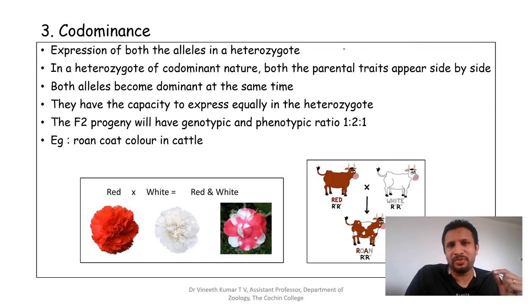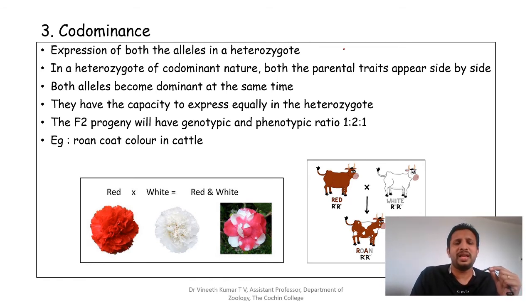In a heterozygote of codominant nature, both the parental traits appear side by side. You can see both the phenotypes at the same time in the heterozygote individual. So both the alleles become codominant at the same time, and each allele has the capacity to be equally expressed in the heterozygote.